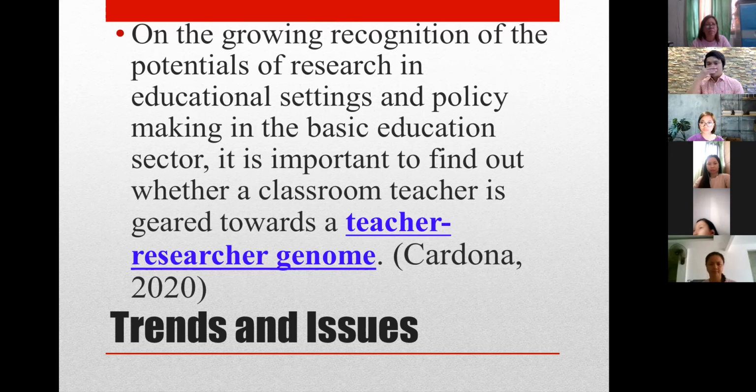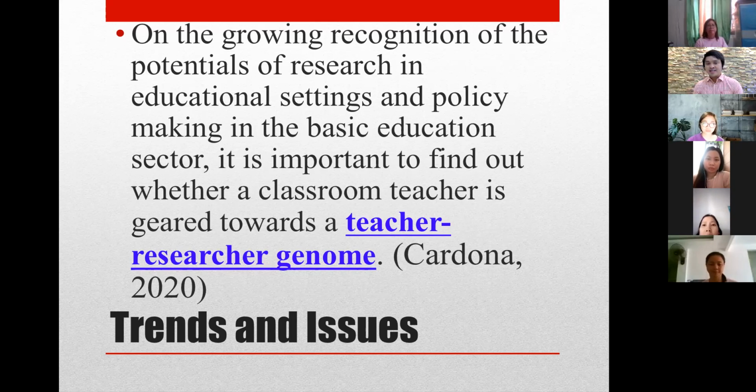Ibig sabihin, in layman's term, dapat tayo mga educational manager, nag-EDD kayo, in the future magiging educational manager kayo, or yung nasa SDO Angeles na supervisor, importante na meron tayong profile kung sino yung mga teacher, researcher as well. Kasi importante yun.